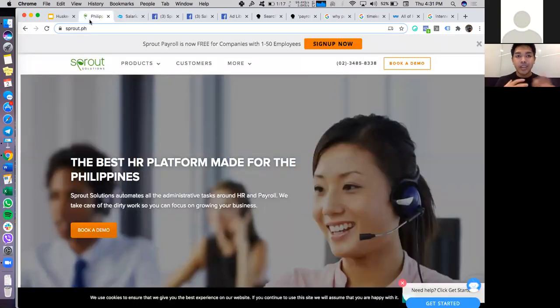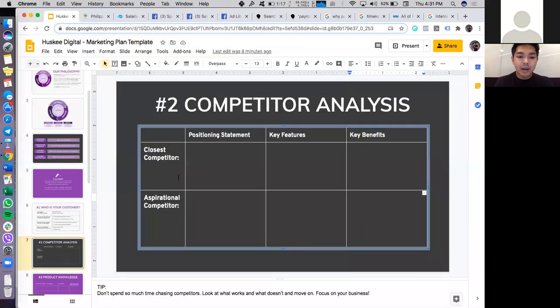So nothing I'm saying here is throwing shade on any of them because I really like them both. Let's say my closest competitor would be Salarium, because they offer just the payroll and timekeeping, which is my product. And then I have Sprout because they have the full suite of services from recruitment to timekeeping and, I think, also training and development.